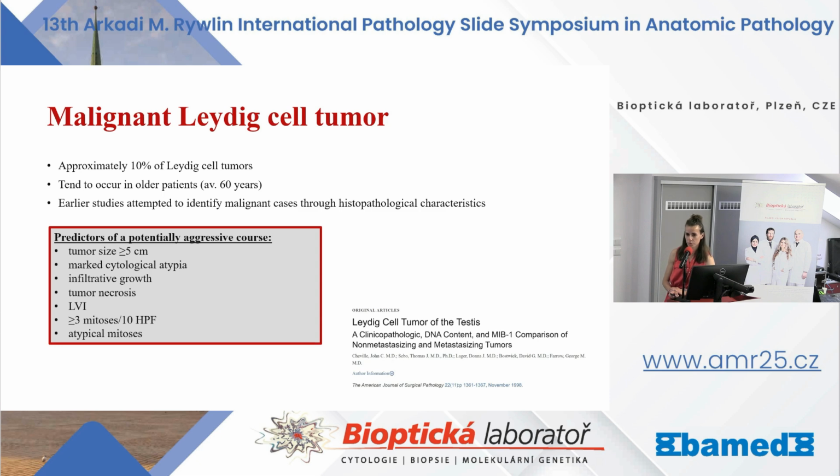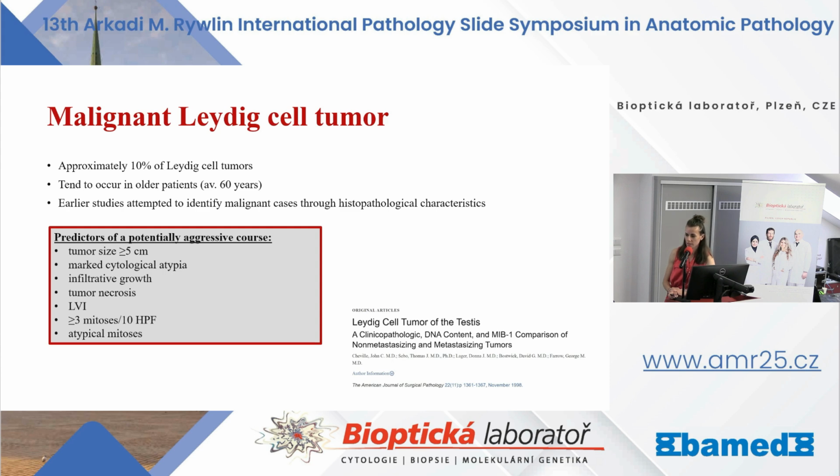These tumors can also occur in the pediatric population, but seemingly these are different tumors which are reliably benign with different molecular backgrounds. So malignant cases are restricted only to the adult population and tend to occur in elderly patients with an average age of 60 years.